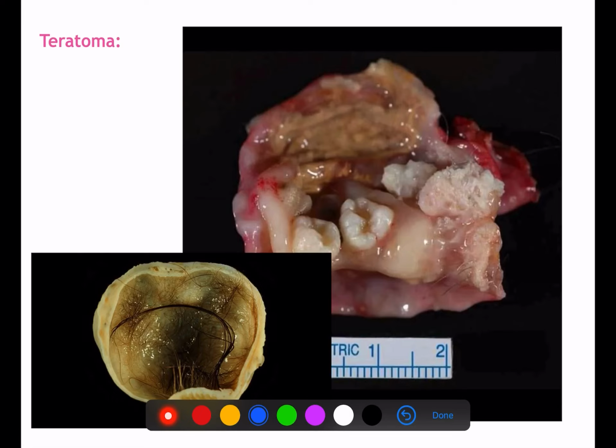When a single germ cell may become mitotic and deviate, it develops this type of tumor. And as we said before, 90% of teratomas within the ovary are benign, and rarely become malignant.